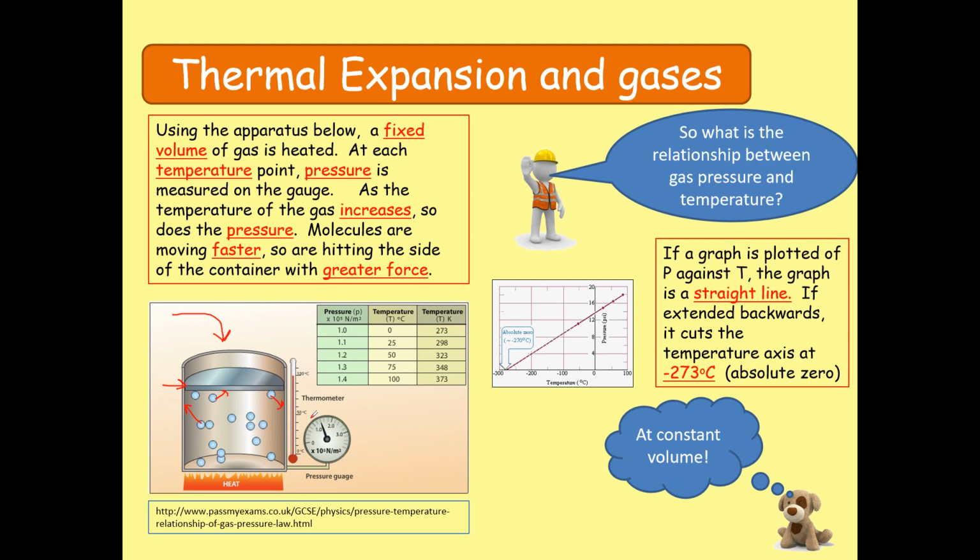Once we start heating up, we will find that this pressure gauge needle will keep on moving towards the higher end. Why? Because more energy means more energetic collisions, which means more pressure is being built up. So the pressure of a gas is directly proportional to the temperature.